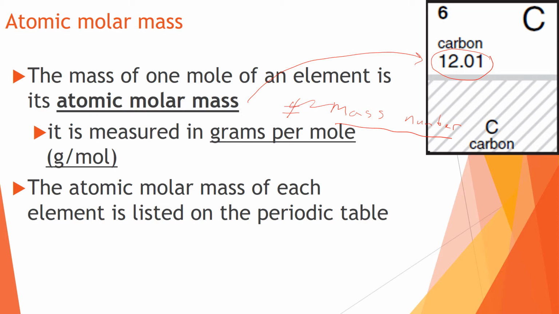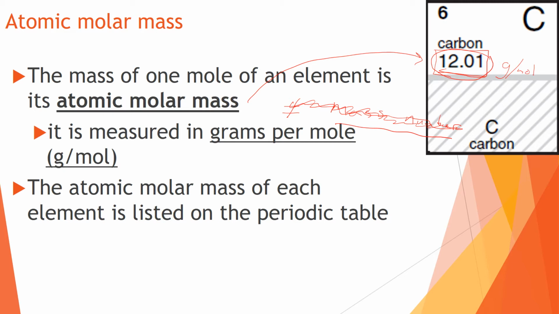We're not using mass number anymore; that was to calculate the number of neutrons. We're going to be using the entire number, not rounding anything. This number is the atomic molar mass, and it is measured in grams per mole. It's the amount of grams per mole of a substance.